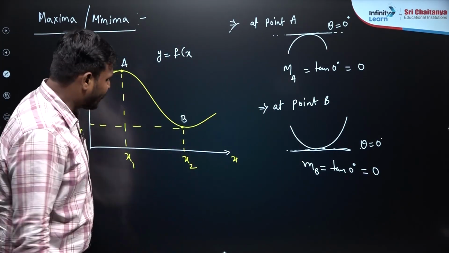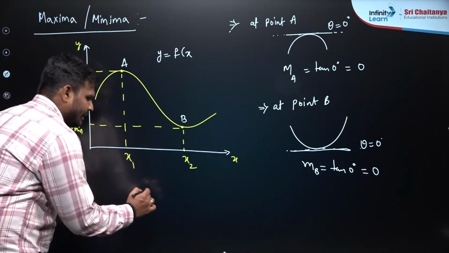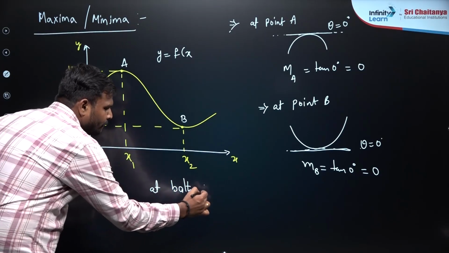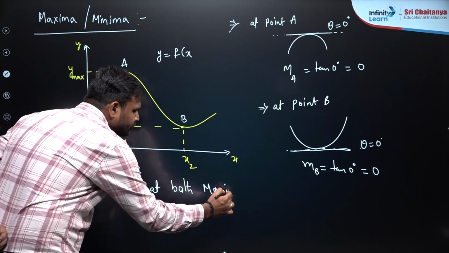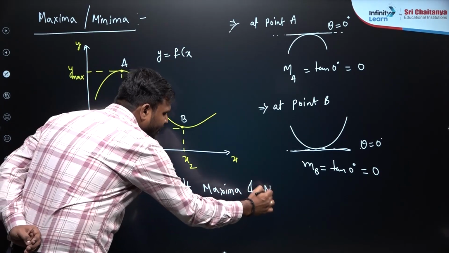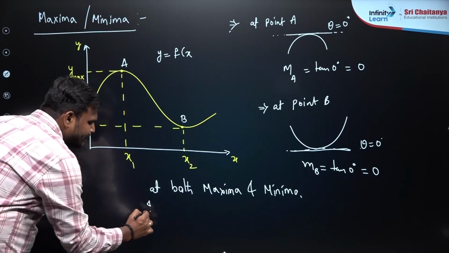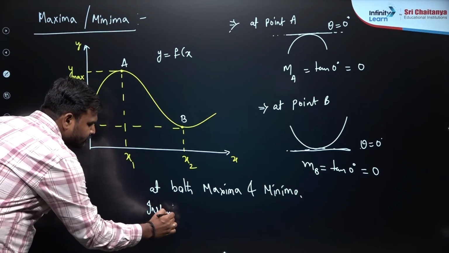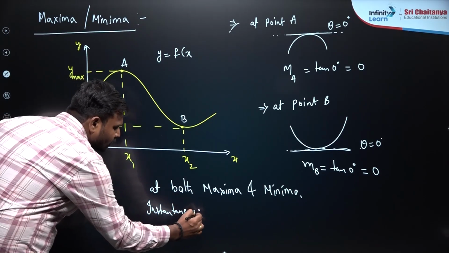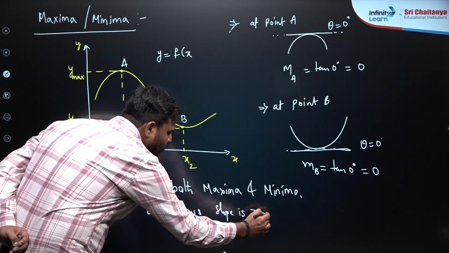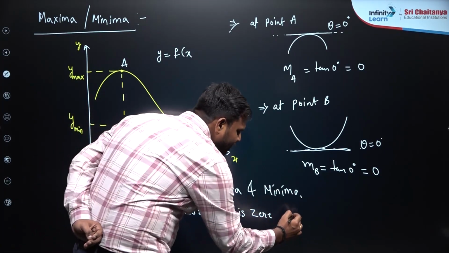So we come to a conclusion that at both maxima point and minima point, instantaneous slope is 0.